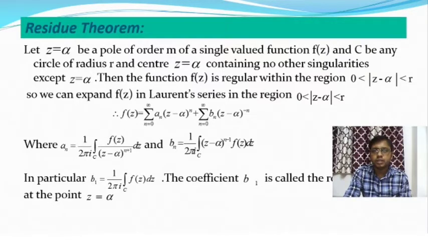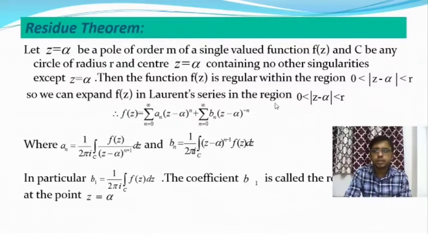Therefore the function f of z is regular within the region 0 less than modulus of z minus alpha less than r, where alpha is the center of the circle and r is the radius. Then we can expand f of z in a Laurent series in the region 0 less than modulus of z minus alpha less than r.